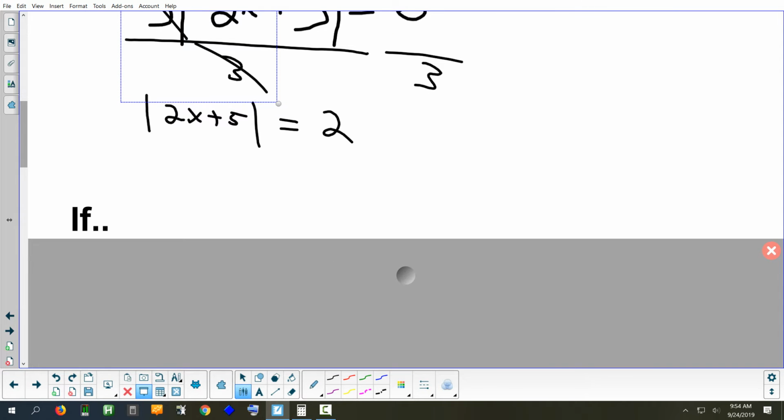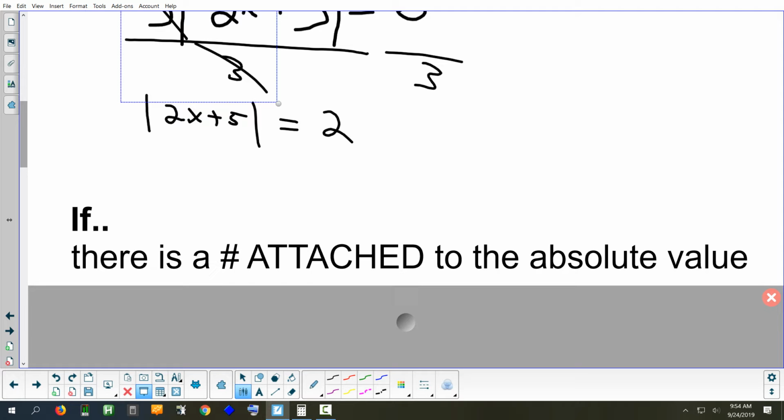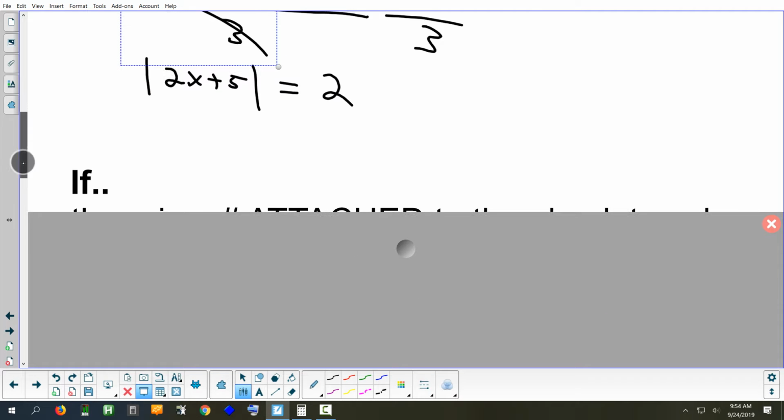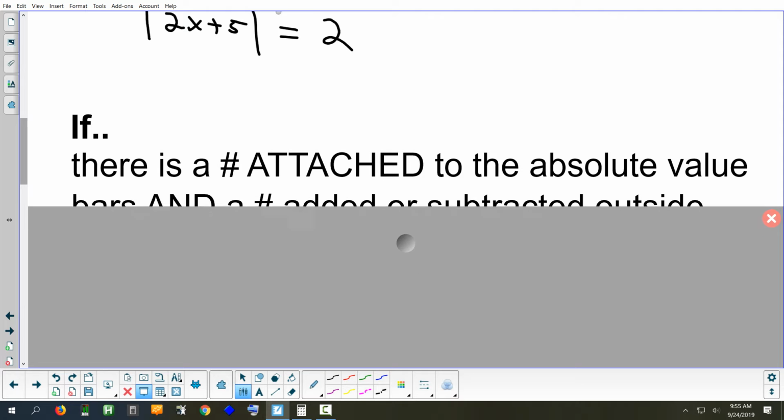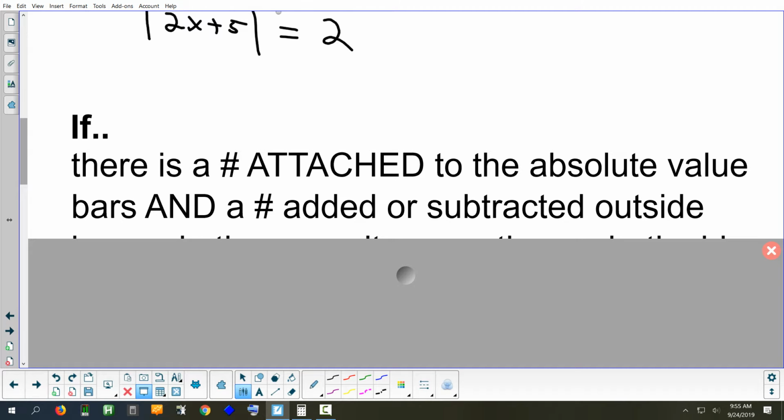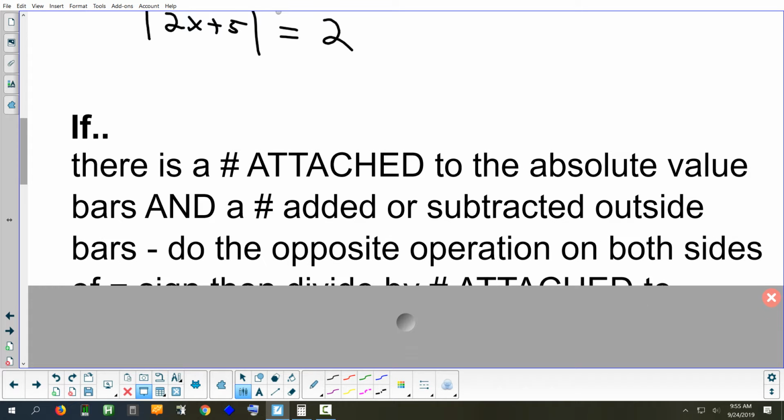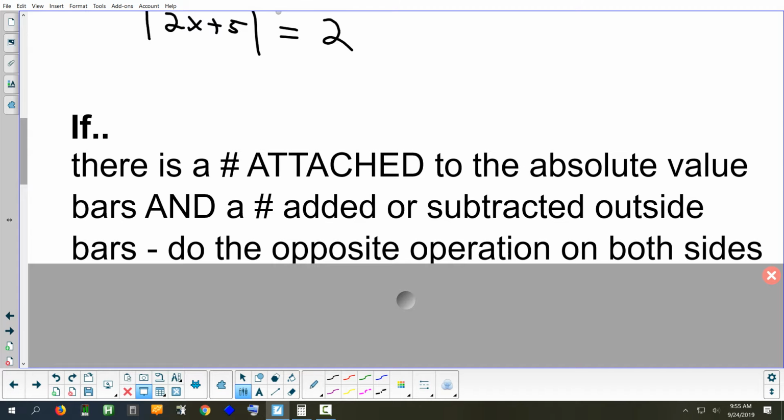All right. So there's one other kind of thing that can happen. You could have something where there's a number attached and there's a number that's also added or subtracted outside the bars. So there's actually 2 things outside the bars. Okay?